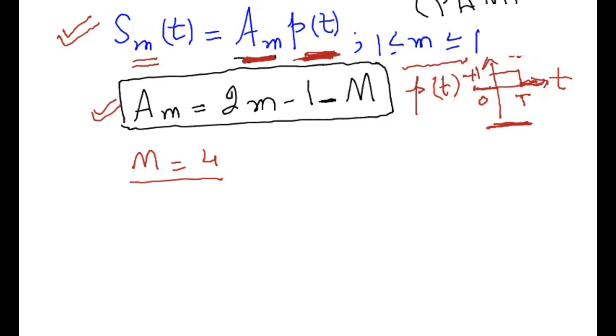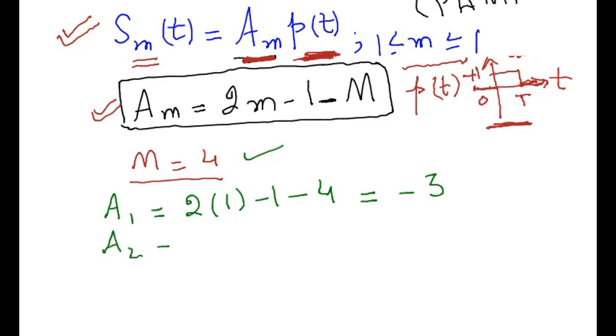I would like to write my A1, A2, A3 and A4. It means I have 4 unique symbols. So what would be my A1? A1 is 2 times 1 minus 1 minus 4. So if you see, your A1 is actually 2 minus 5, which is minus 3. And your A2 is 2 times 2 minus 1 minus 4, and it is minus 1, right?